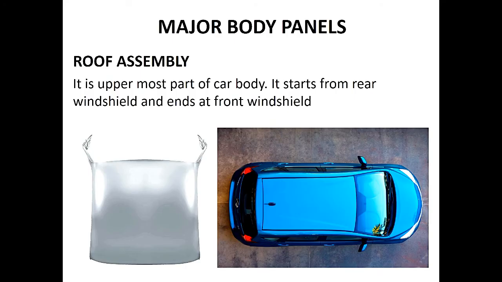Now we start with the major body panels. The major body panels of the auto body are the roof assembly. It is the uppermost part of the car body. It starts from the rear windshield and ends at the front windshield.